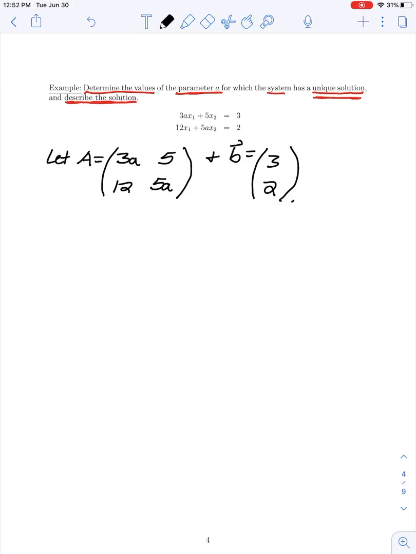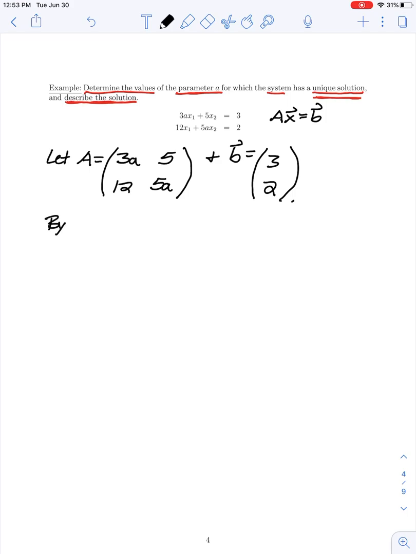Now we know that this system will have a unique solution if and only if the determinant of A is non-zero. That is, we need A to be invertible. That follows directly from the invertible matrix theorem. A system of the form AX equals B, where A is a square matrix, has a unique solution if and only if A is invertible, which is equivalent to the determinant of A being non-zero.